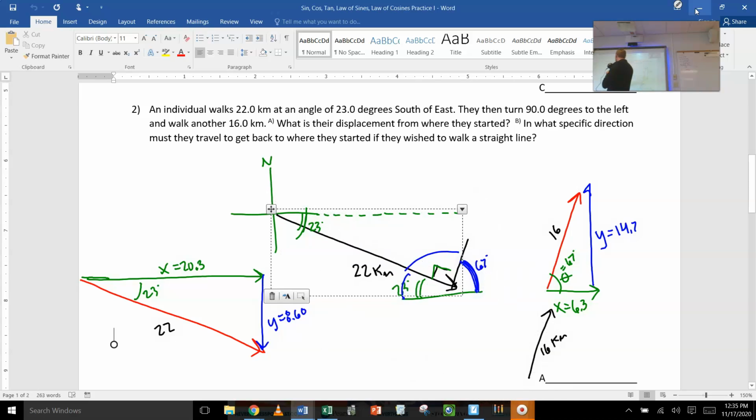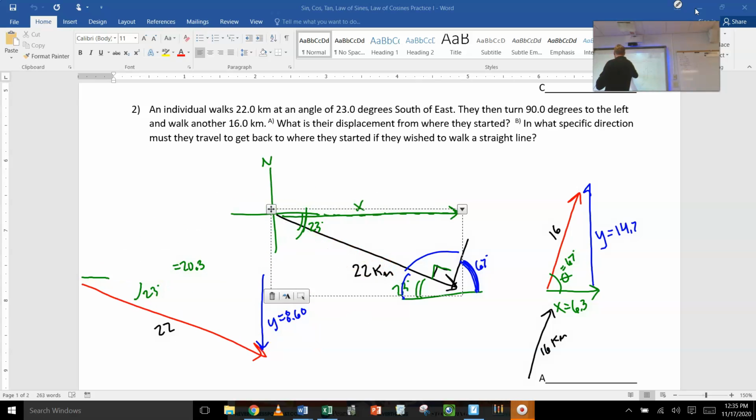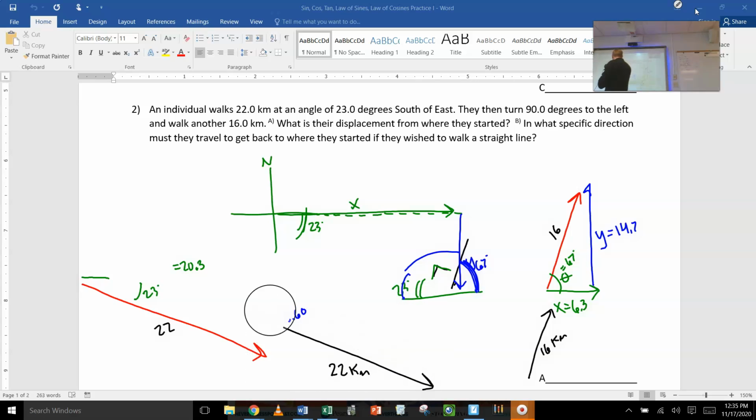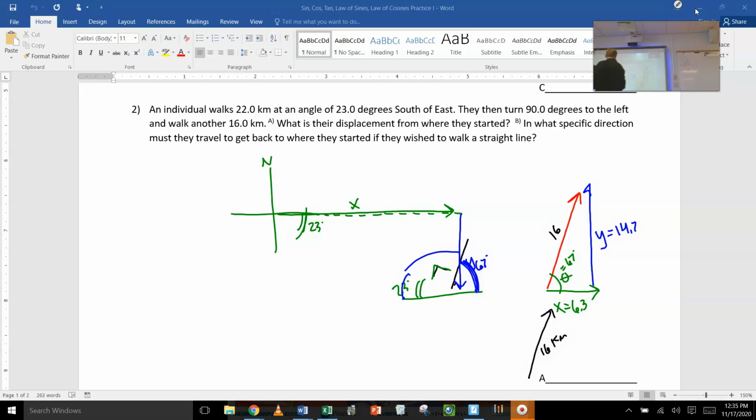So I'm going to replace this vector with my x component and my y component. Oh boy, this is going to get really messy.